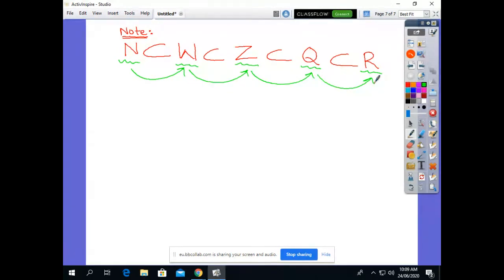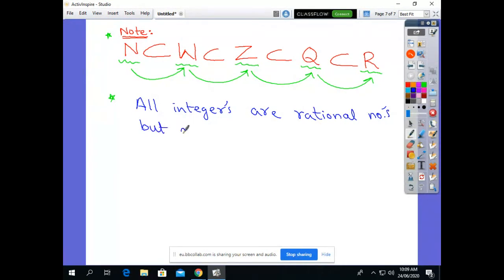Or simply we say, note that all integers are rational numbers, but all rational numbers are not integers.